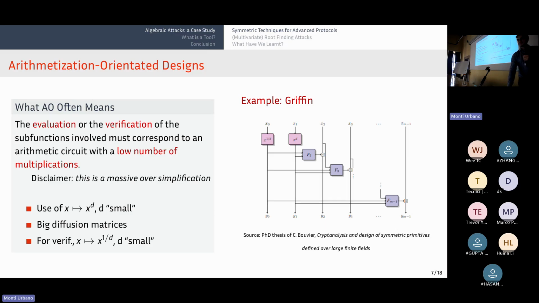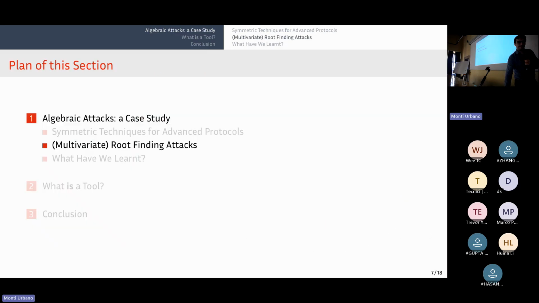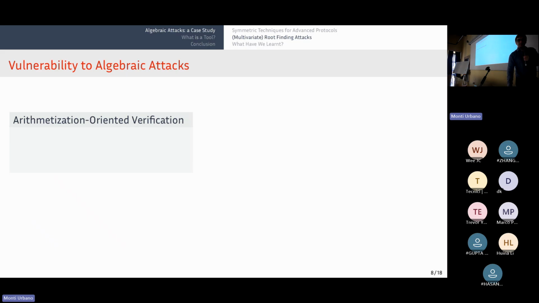But this talk is not about how to design arithmetization-oriented primitives. It's about tools, and in particular tools for algebraic attacks.